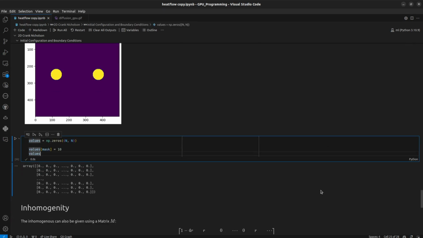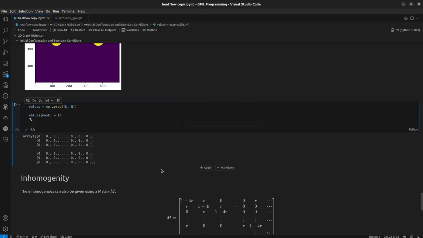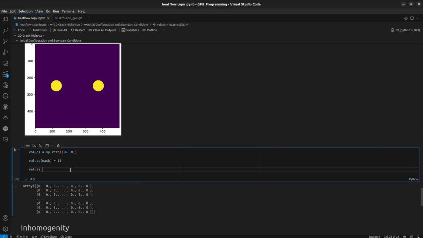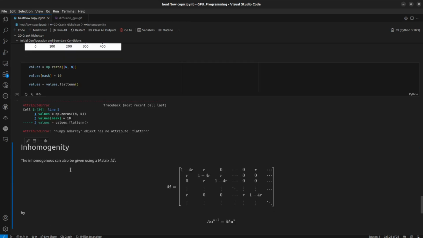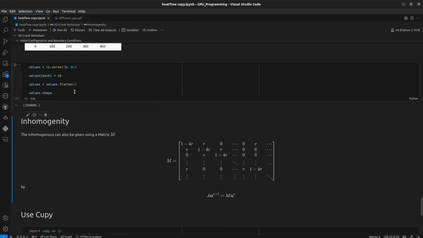And since we'll have to flatten it for our linear system of equations, we can just flatten it right here, making it a 1D vector.